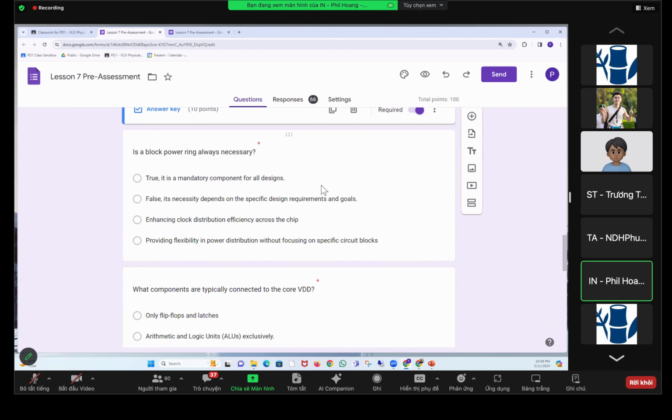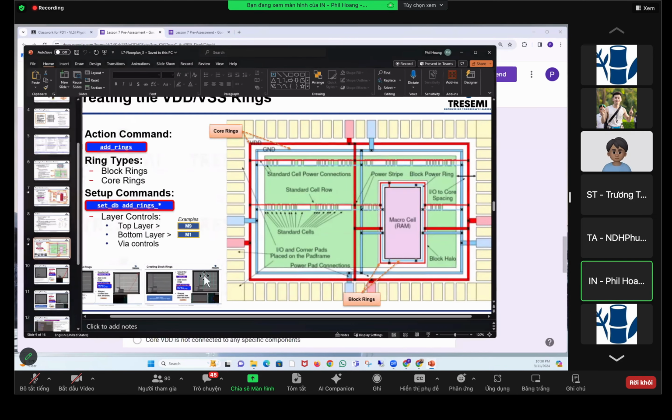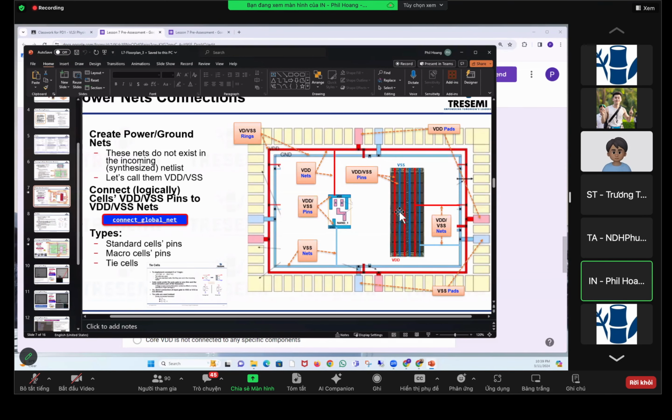Because sometimes you already have a ring around, or sometimes you have a strap, then you just hook directly to the straps, and sometimes you already have a ring, you can connect to the ring without building the ring. So, okay, good. I think all of you got that answer.